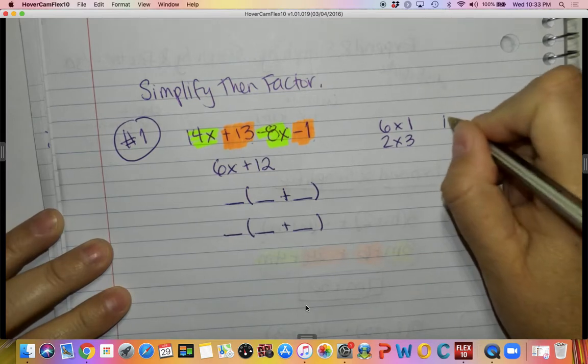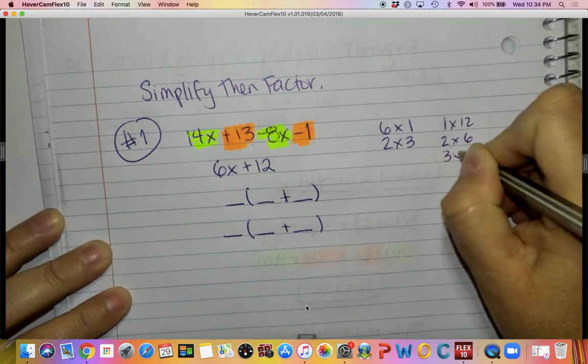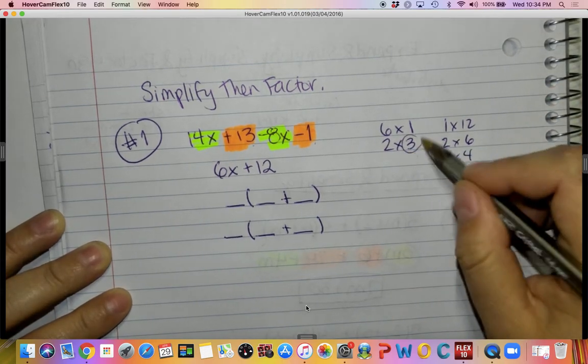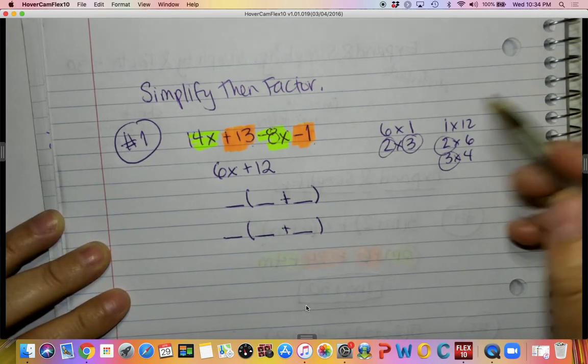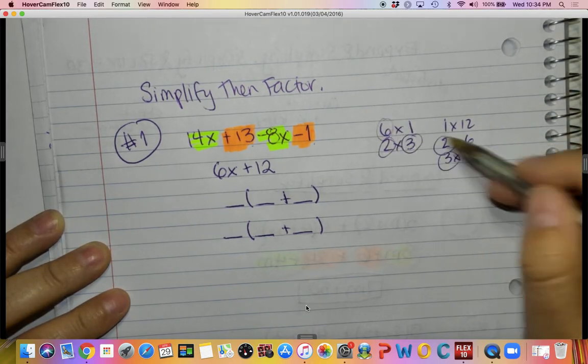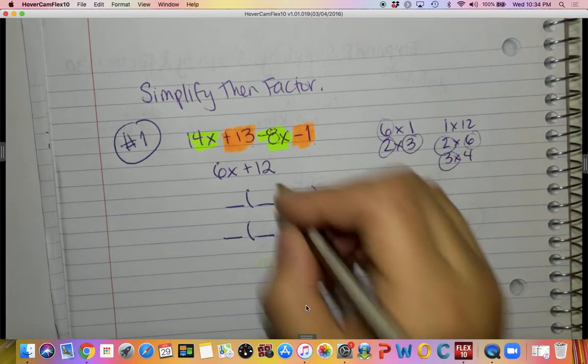And then 12 is 1 times 12, 2 times 6, and 3 times 4. So we could use either 3 or 2. We could even use 6, but it's not likely that your answer would use 6. So I'm just going to use the 2 and the 3.